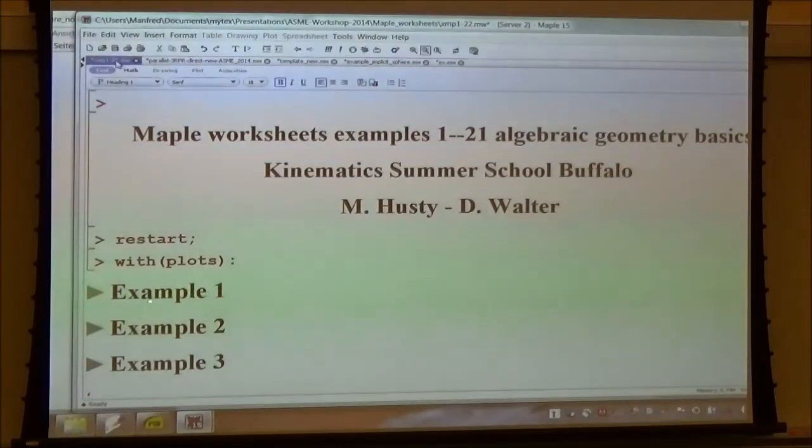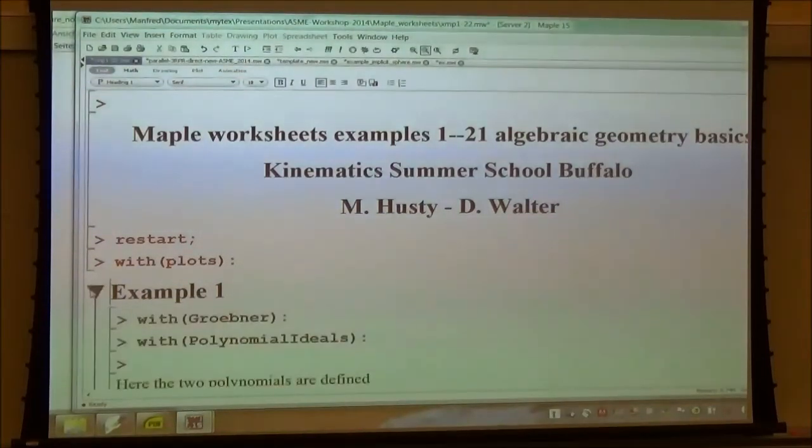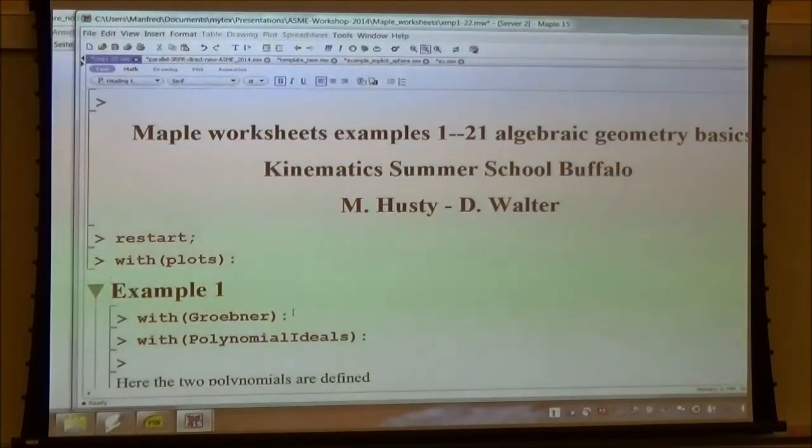So example 1 is this thing, and just to show you what is inside here in example 1, we are loading two packages. Maple works like this. The two important packages are the so-called Quaternion package and the package with polynomial ideals.